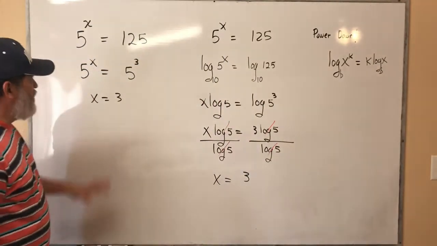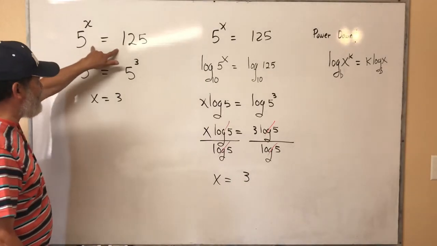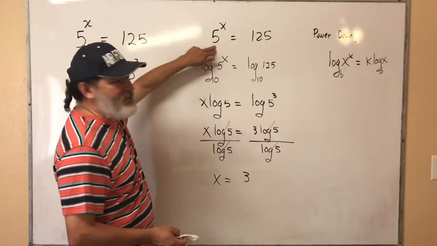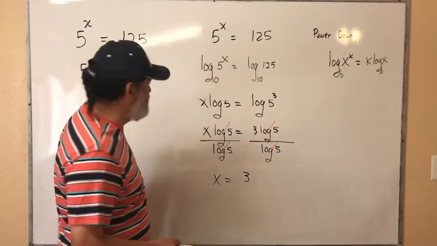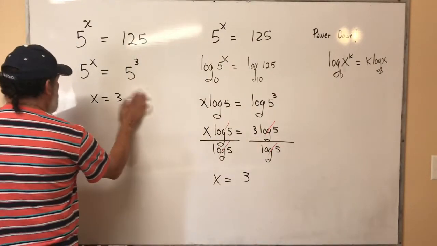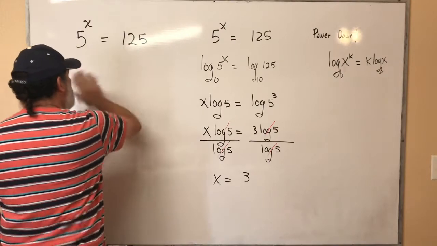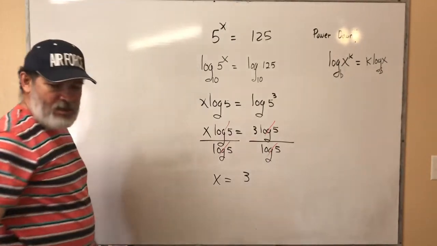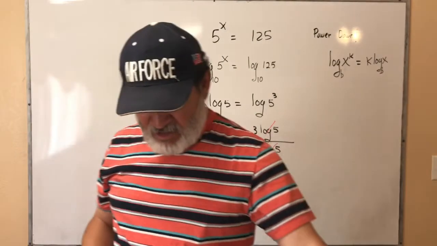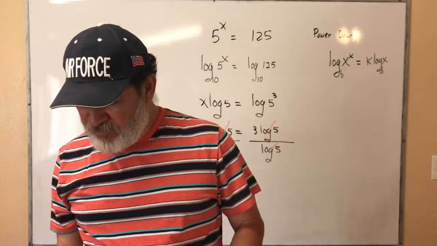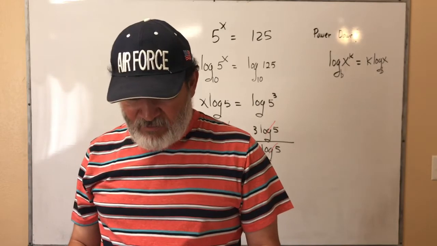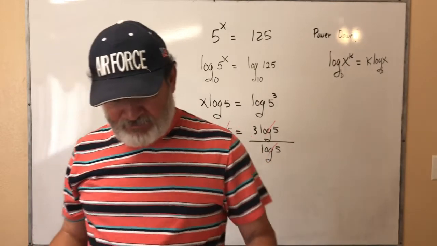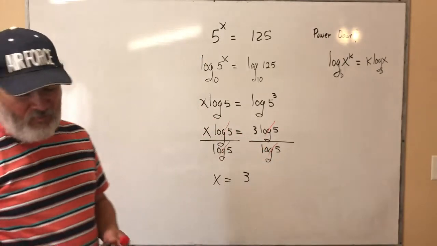Look, if you cannot express both sides with the same base, no problem. You can still solve it. Okay, so let's do another one. Let's solve this other one. Look at this. Here's a good one.